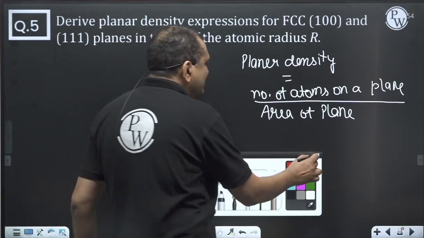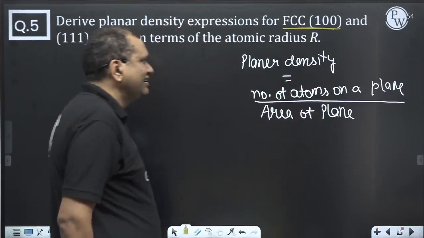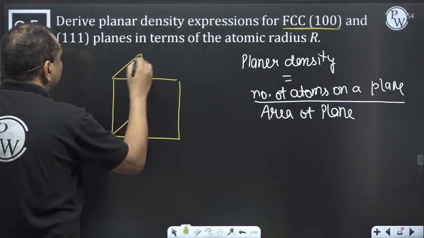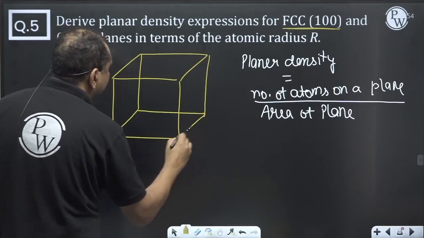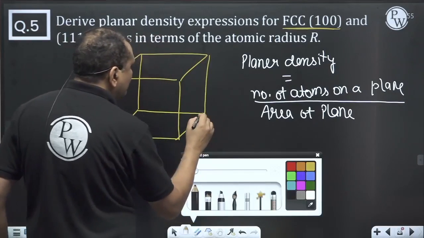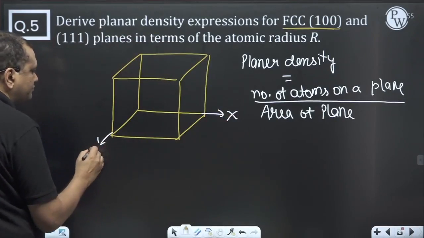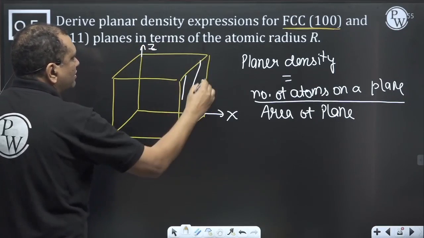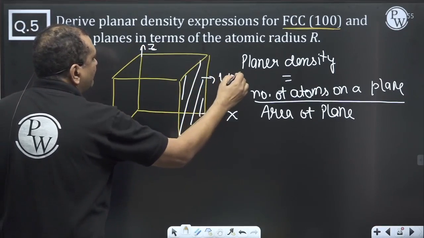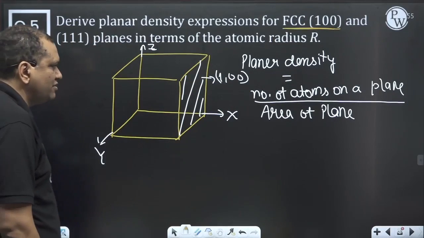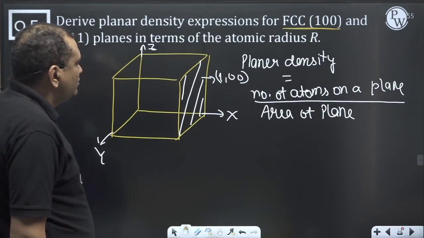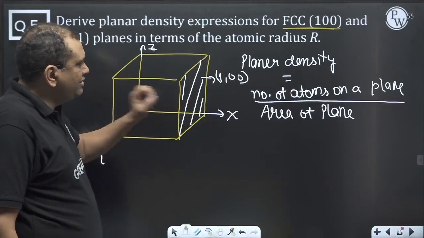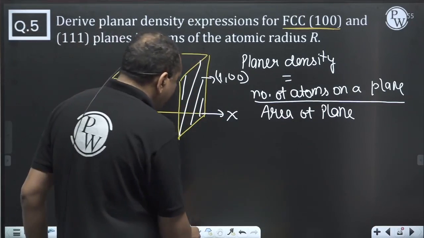So let us see the first problem first. 100. X, Y, and Z. So this plane will be the 100 plane, we don't put commas, okay? 100 plane. So there are atoms at each and every corner, and there is one atom at the face.